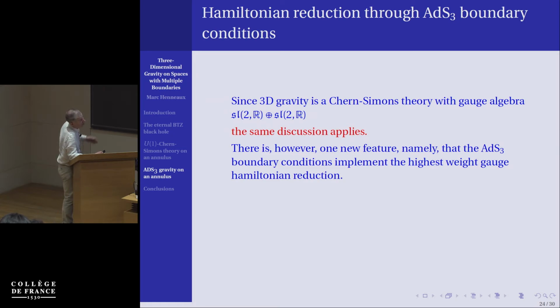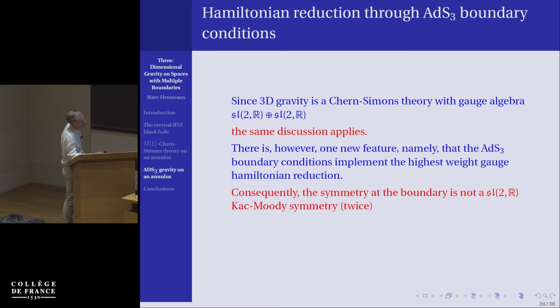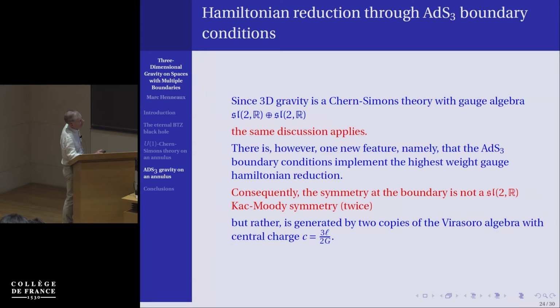Since we want the connection to approach the value of the connection for anti-de Sitter space-time at spatial infinity, we need to impose as boundary conditions on the connection the so-called highest weight gauge Hamiltonian reduction, which I explained in previous lectures. And so that will lead to a reduction of the symmetry at the boundary, a different symmetry at the boundary.